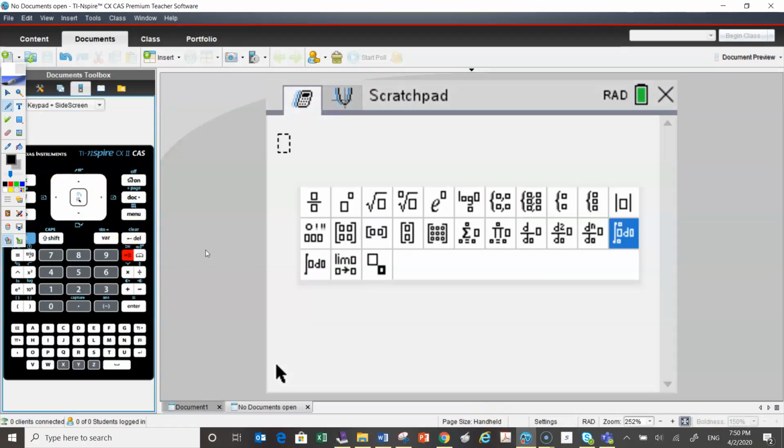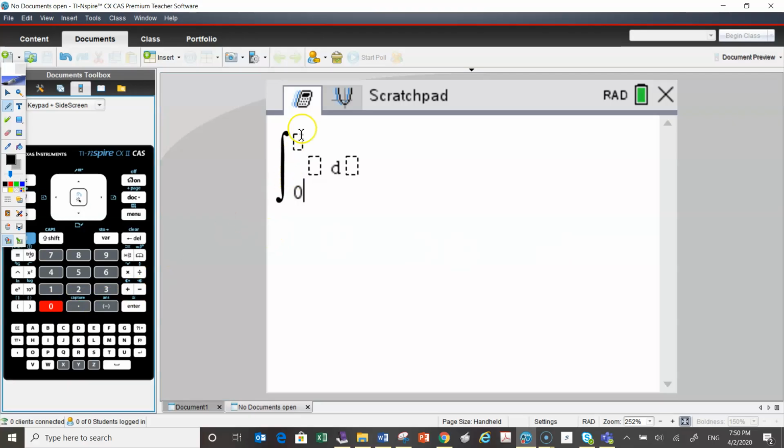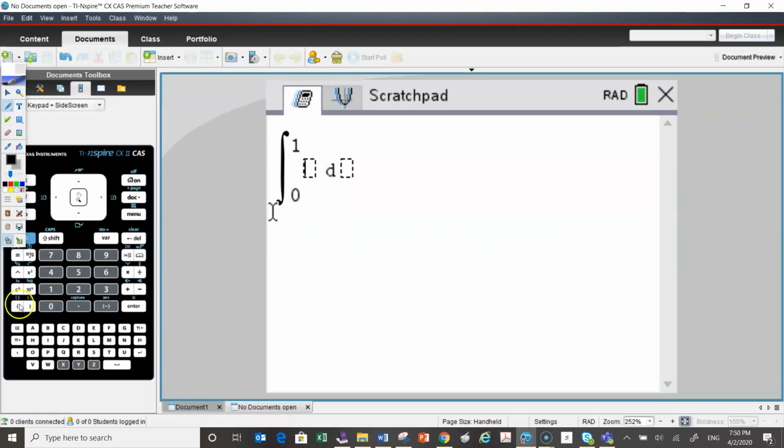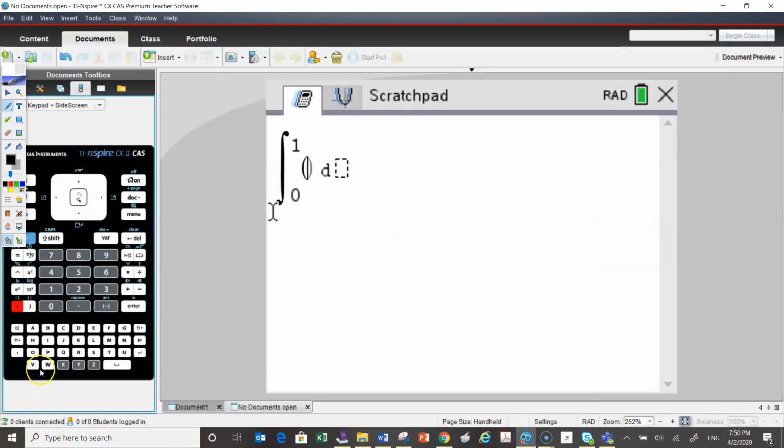So now, again, all we're going to do is get out our calculator and calculate this. So this is the integral again going from 0 to 1. And I'll open up my bracket. And again, my equation was root x minus x squared. Whoops, I got to back up there for a second.